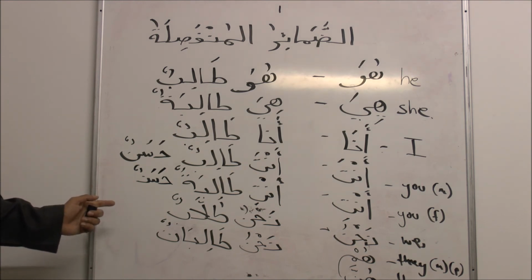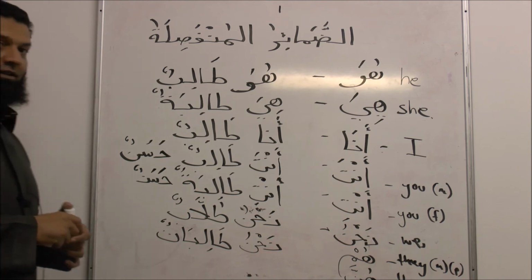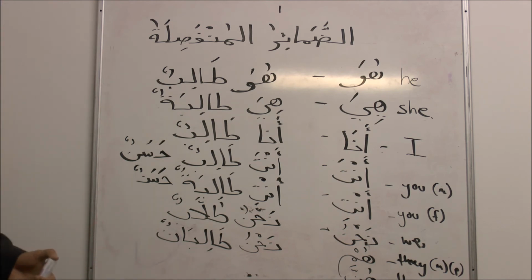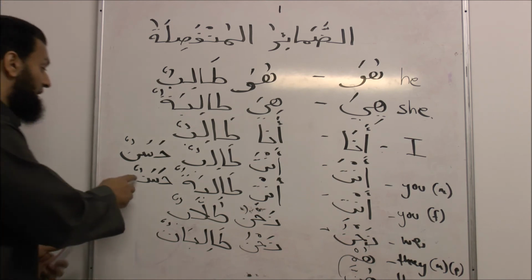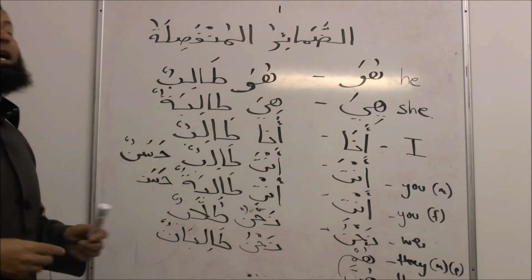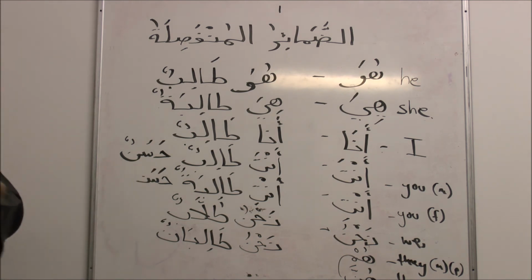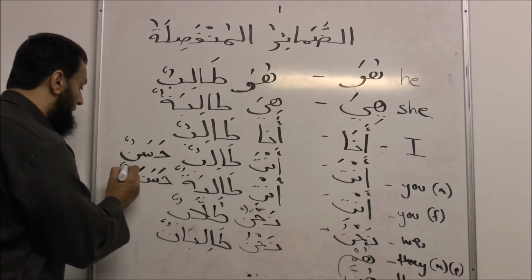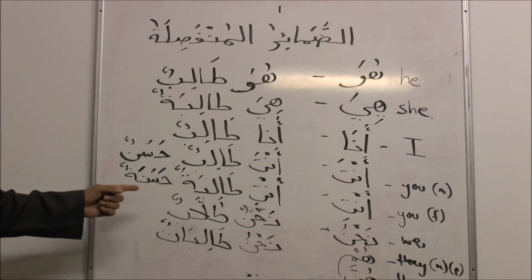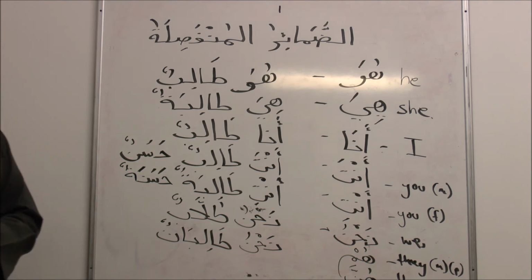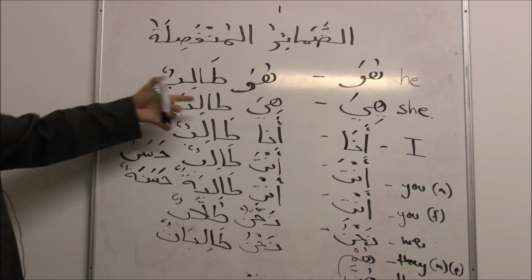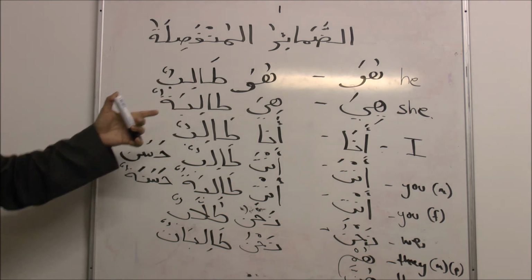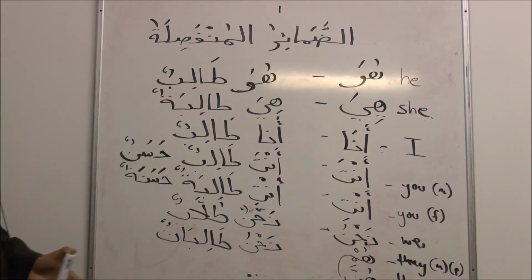It's a female word, so it will have the same gender. Good. Remember the 4 points that it's got to agree in? It can't be hasanun, can it? It's got to be hasanatun. Anti talibatun hasanatun. Right?